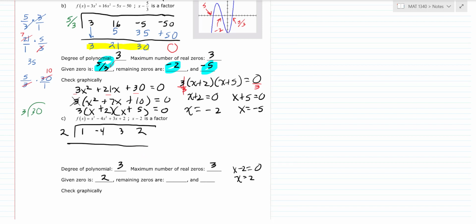Now we just go through the synthetic division so we can get the quadratic equation that will give us the remaining zeros. Bring down the 1, 1 times 2 is 2, add the column, that's -2, multiply, that's -4, add the column, that's -1, 2 times -1 is -2, so I told you so.